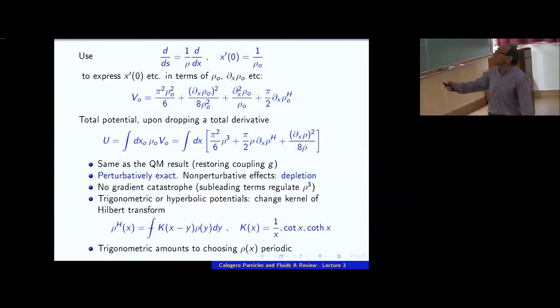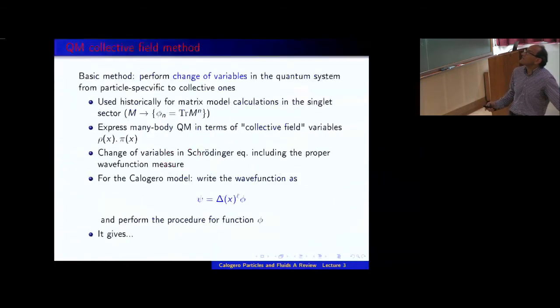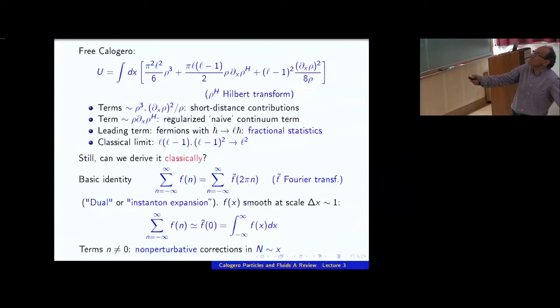If you do the same thing rather quantum mechanically with the collective field method, you would recover the hydrodynamics of free bosons. What you would recover, I need to go back to the quantum expression, is L equals 0. So this term drops, only that term remains. And that's exactly the Madelung term that Sasha pointed out.